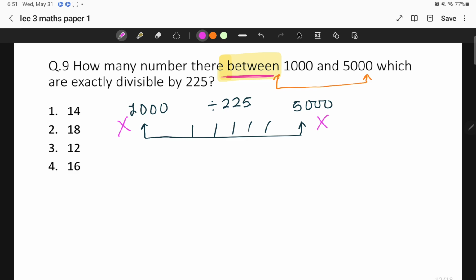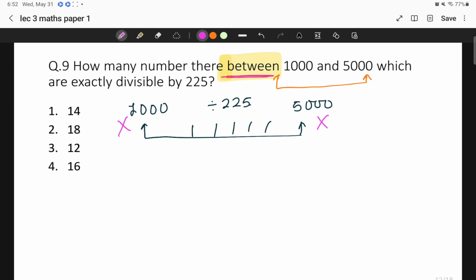Please understand this. They are asking us to find the numbers between 1000 and 5000. So here 1000 and 5000 are not included. We have to find the values in between both of them. So first and the last number are not included.